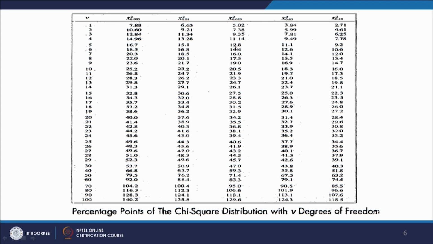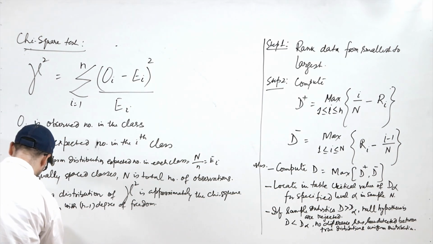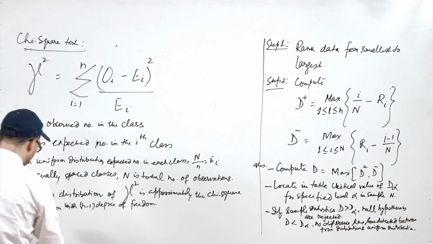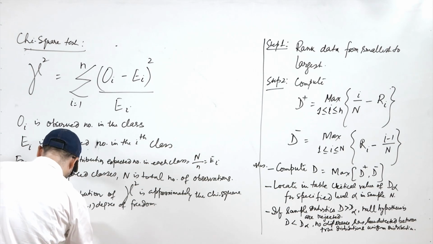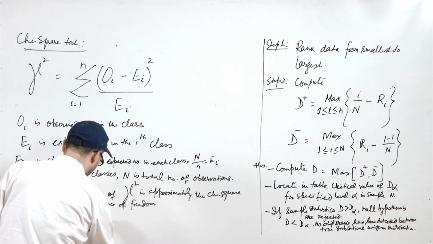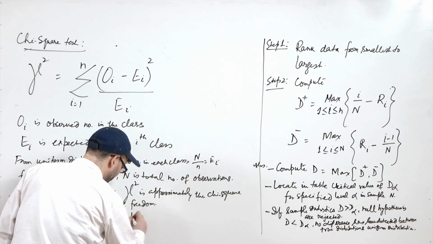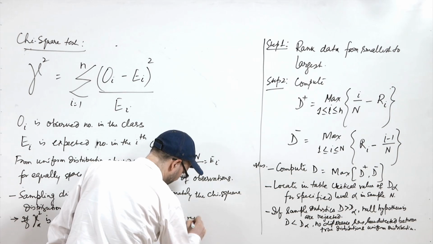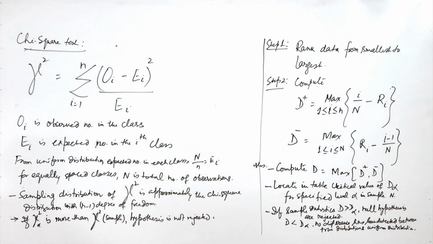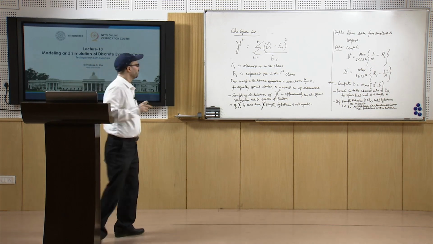Now, if the chi-square value for a particular alpha is more than the chi-square of the sample, the hypothesis is not rejected. So, the chi-square value from this table should be more than what we calculate from the sample.